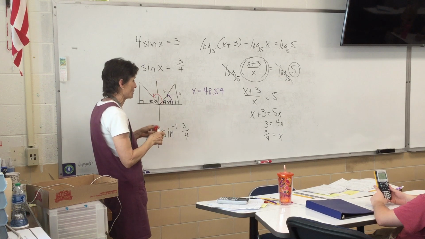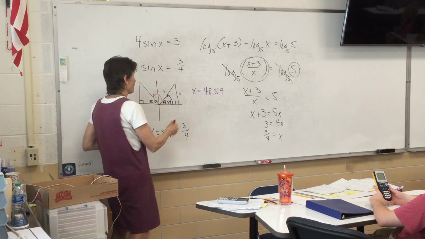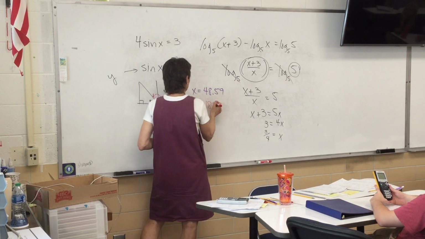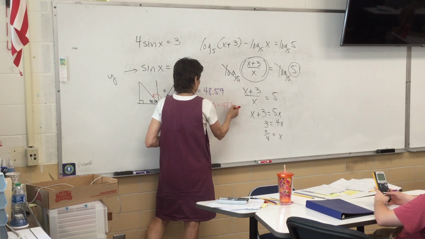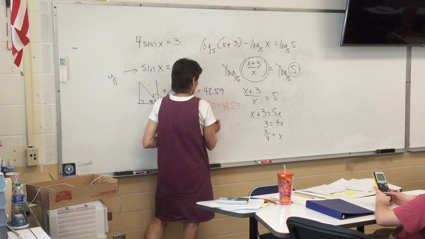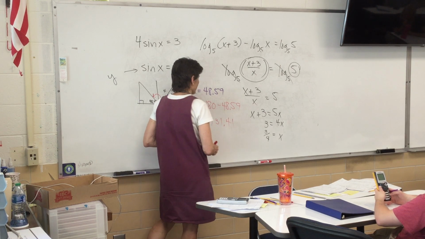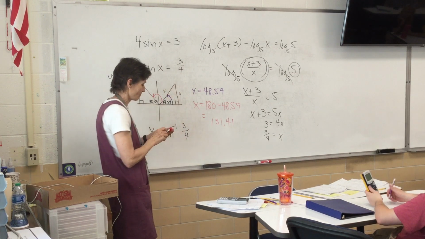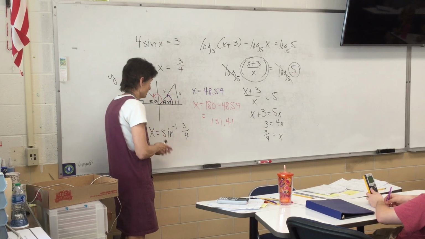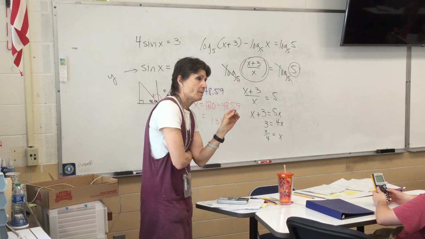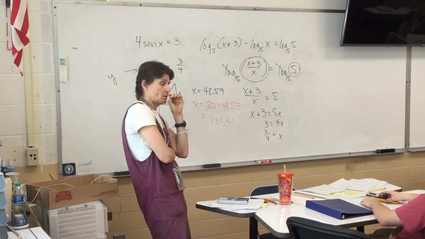It is not 48.59. How big is the red one? Do you do 180 minus? I do 180 minus 48.59. That's exactly right. Which will be 131.41. Check my arithmetic. Yeah, that's right. So that's a super easy problem, but there's a lot to remember.